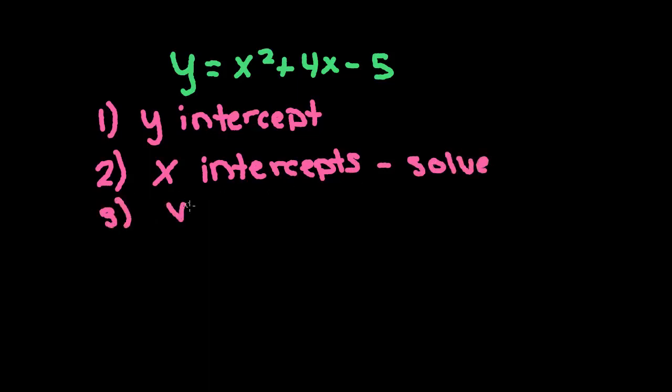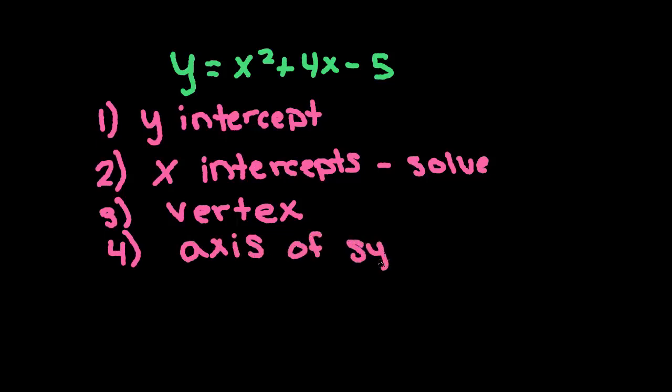The third thing is that you're able to find the vertex of a quadratic equation. Fourth is that from that vertex you're able to find the axis of symmetry, and that's pretty easy once you have the vertex.